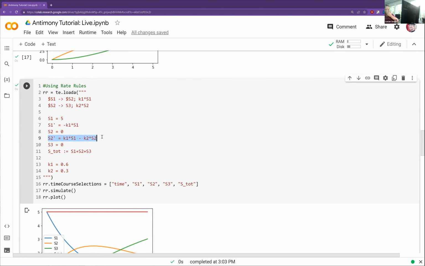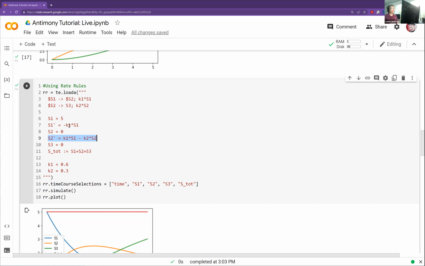If you look at a lot of papers, they will often describe your system of ODEs this way and just say, this is the rate of change of S1, this is the rate of change of S2. So if you want to do that quickly in Antimony, you can just do that. It tends to be better, as far as the types of analyses you can do, to actually convert things into reactions properly.